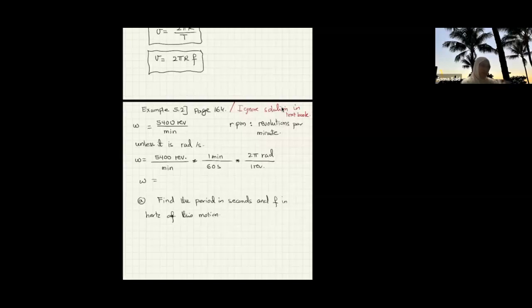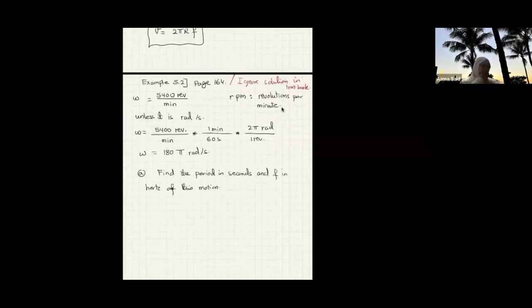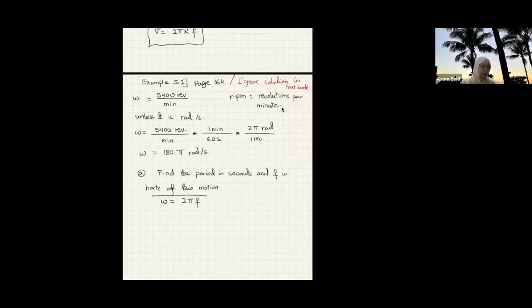Yeah, no, it was correct. 180, I did write 180 originally. Pi radians per second. Then this is my omega. And I want you to know that omega equals, and this is another equation that I'm going to provide you with, omega equals 2 pi times f.